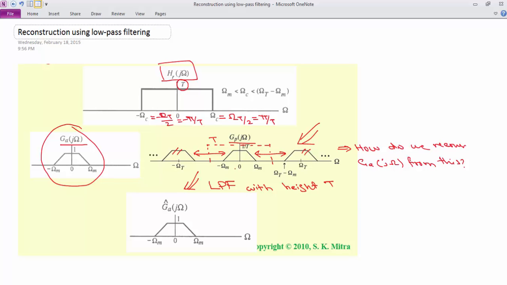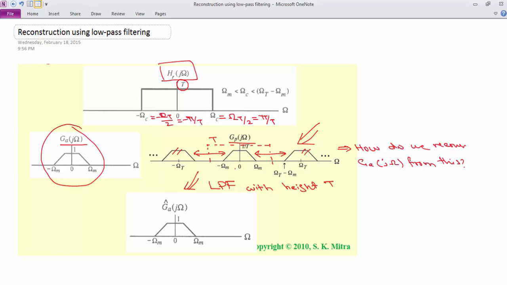Because you know that once you sample a continuous time signal, you cannot preserve any frequency that is above the sampling frequency divided by 2. Last lecture we talked about 2 ways of looking at the sampling theorem.